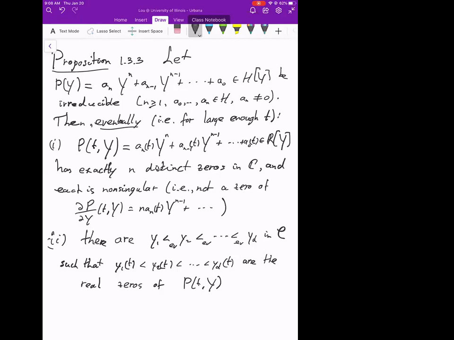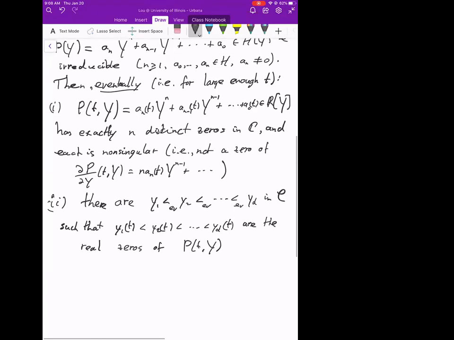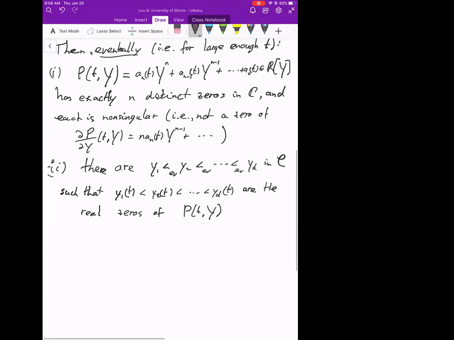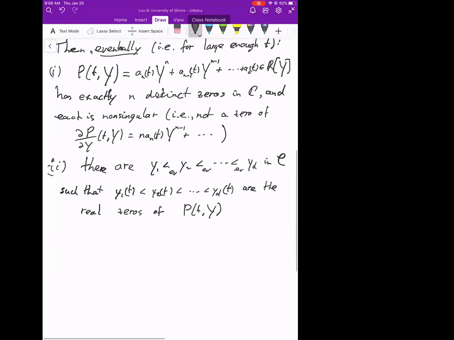And then the second part is that the real zeros are actually given by germs in curly C. There are y_1 less than y_2, etc., in curly C, such that for sufficiently large t, for a large enough t, y_1(t), y_2(t), ..., y_d(t) are the real zeros of this polynomial. Okay, so maybe I should draw a picture to illustrate part 2.